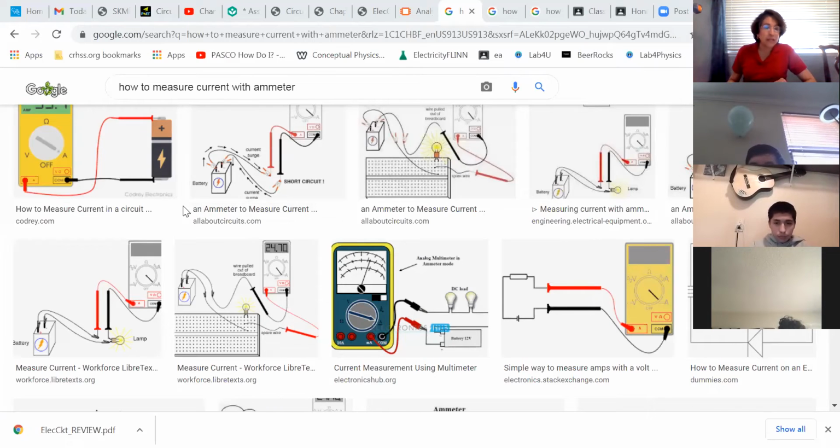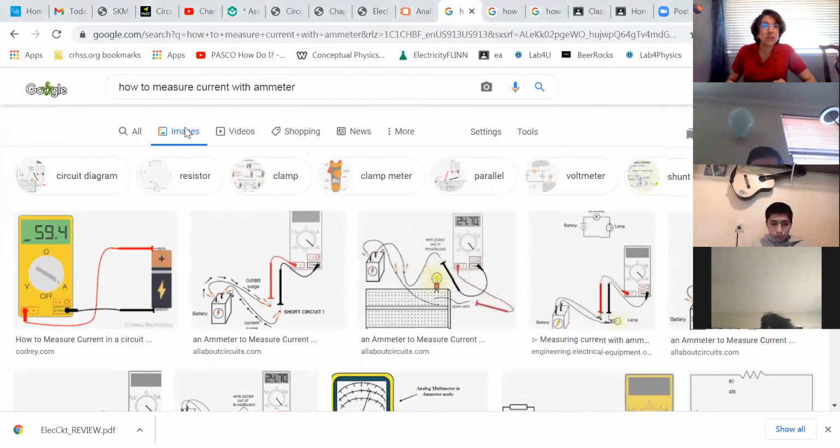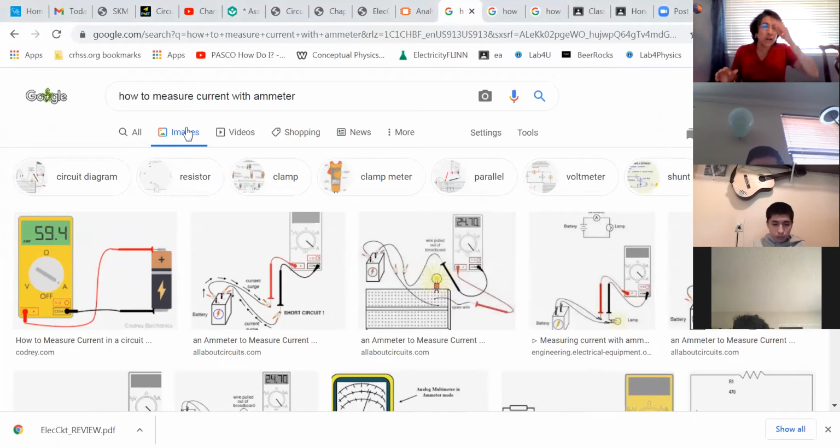All right, so I want to show you guys a picture. How do you measure current with an ammeter? The answer is you have to put the ammeter in series. That means you have to open up the circuit and stick in your red lead on one side and your black lead on the other side. Why?